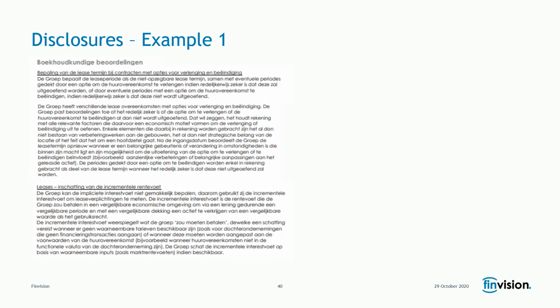There you should describe what management's assumptions or estimates are and what judgments they have made in applying those extension options and whether or not these are reasonably certain. So you should describe a little bit how you came to the conclusion.